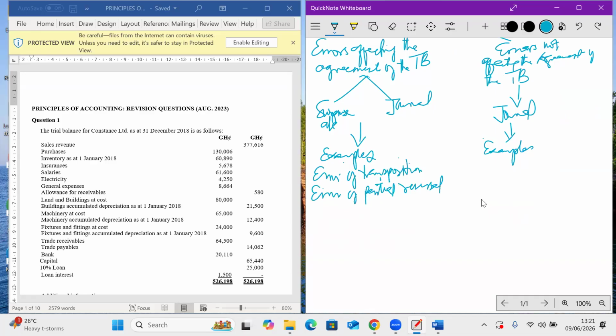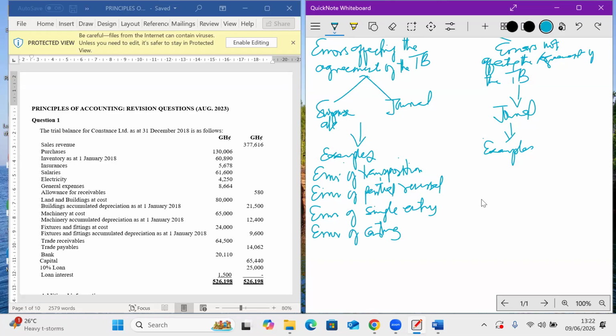Error of partial entry, error of single entry, meaning we have to do double entry, but only one side of the account has been treated. Error of casting. Casting means overcast, undercast, overstatement, and a transpositional error.